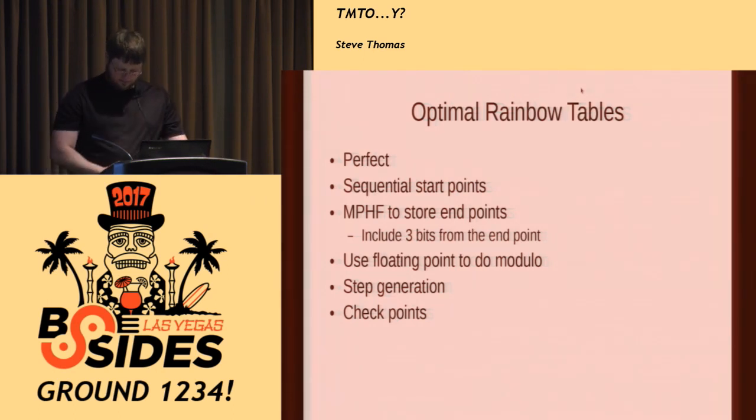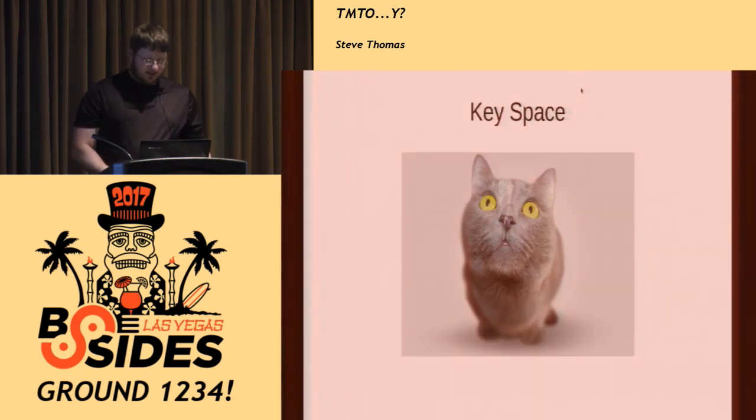Anyways, so then there's floating point modulo. What you do is you basically pre-compute the inverse of what you're trying, and you multiply. Anyways, then stop generation checkpoints. So cat photo.